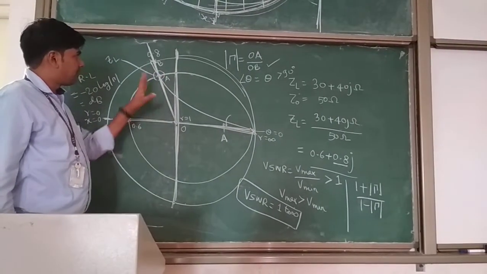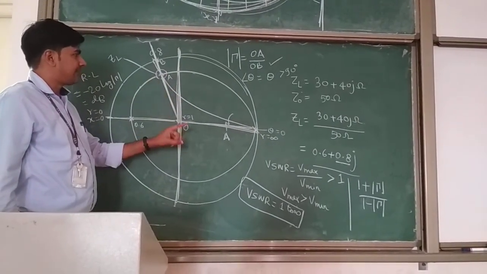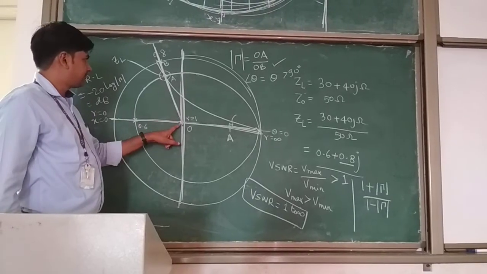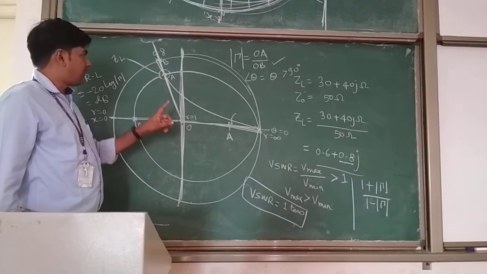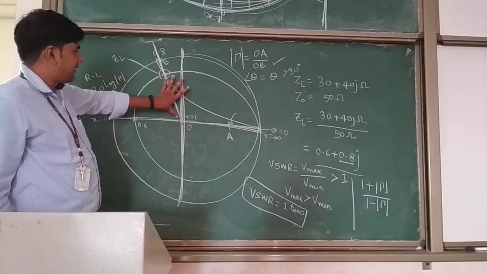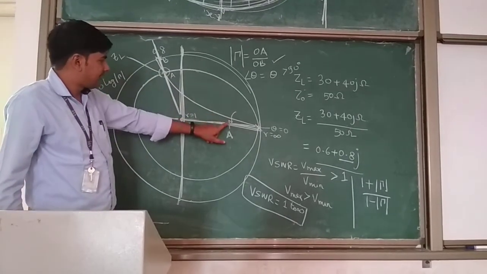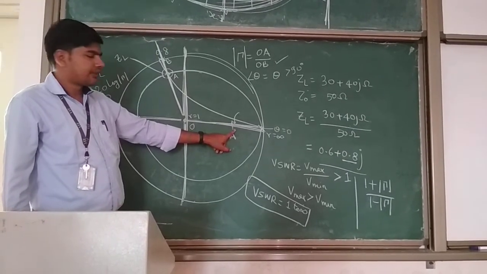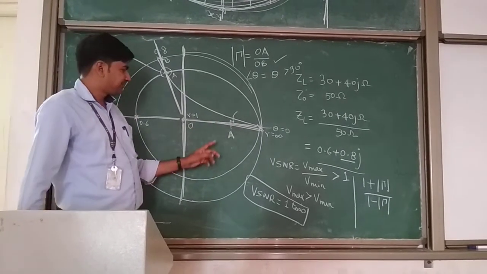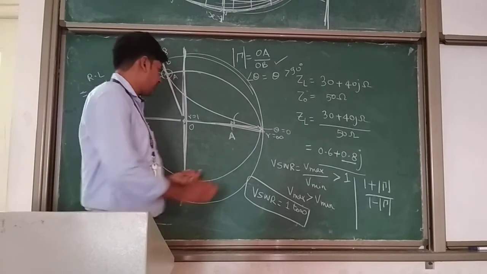I hope you understood how to calculate the reflection coefficient by taking the ratio of OA and OB, and VSWR by taking this arc OA and cutting on this line and reading the value of the intersection point. So you will get VSWR.